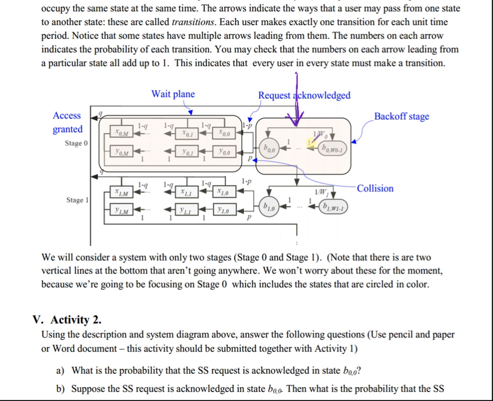So at each tick of the clock, I'm going to move from one state to the next state. I don't know what that time interval is between ticks of the clock, but there is a standard time interval, and during this standard time interval, I move from one state to the next state.